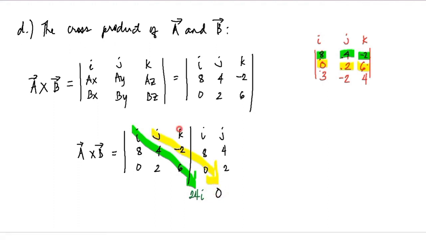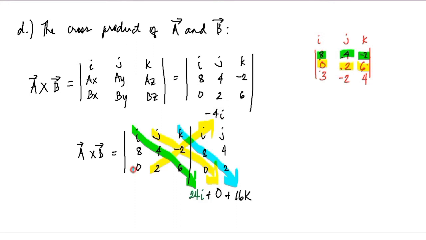And for this, we have plus 16K. And for the cross up, we have here 2 times -2, that's -4. So this is -4I.